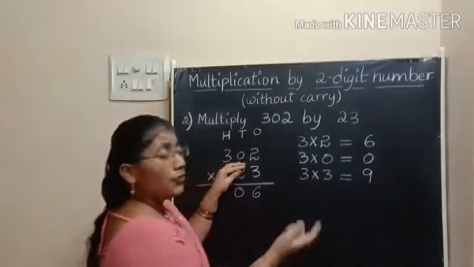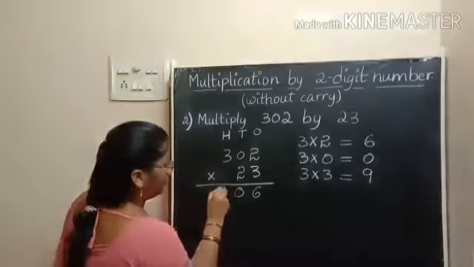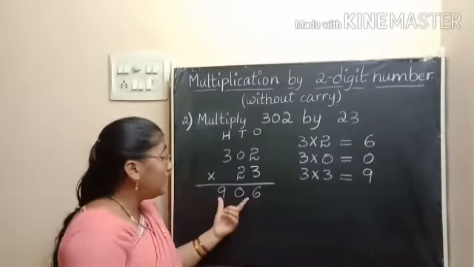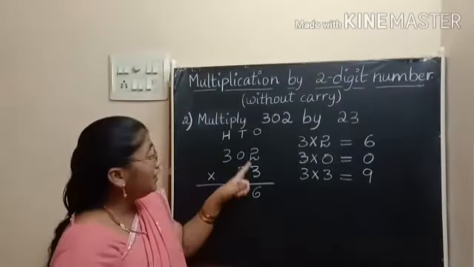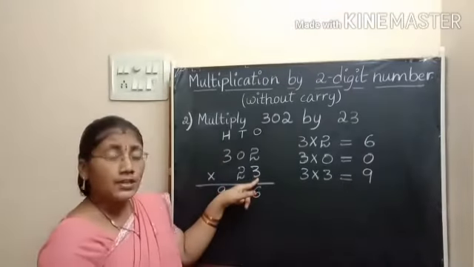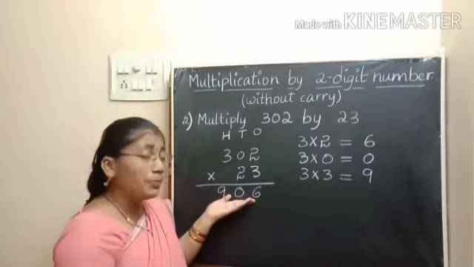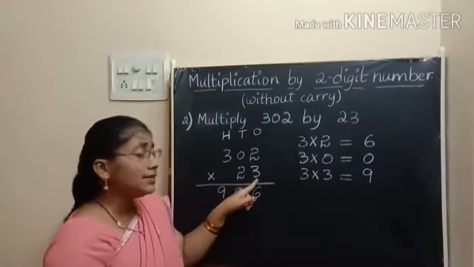Here also we don't have any carry, so we can write 9 here. So 906 is the result of 302 into 3. This line represents the result of 302 and 3.